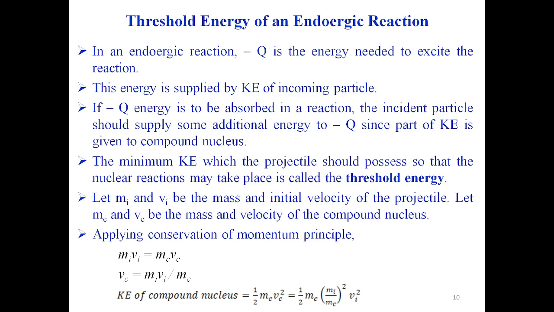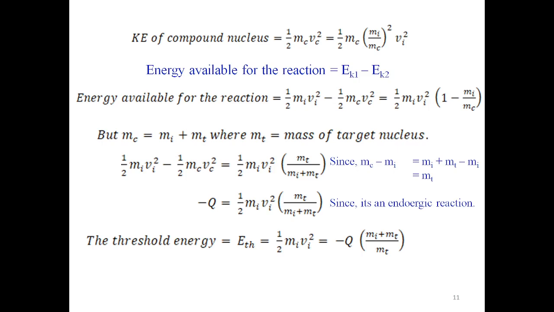So the kinetic energy of the compound nucleus, that is half McVc squared, is equal to half Mc, and instead of Vc, let us substitute this value, so we get this equation. Now the energy available for the reaction is the difference between the incident projectile energy and the emerging nucleus energy, that is EK1 minus EK2.